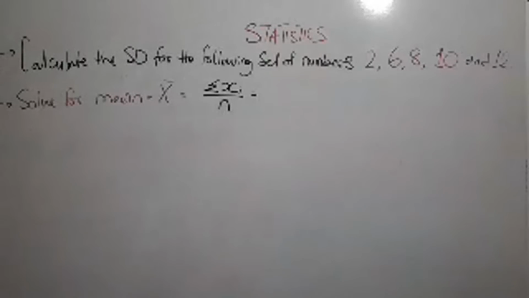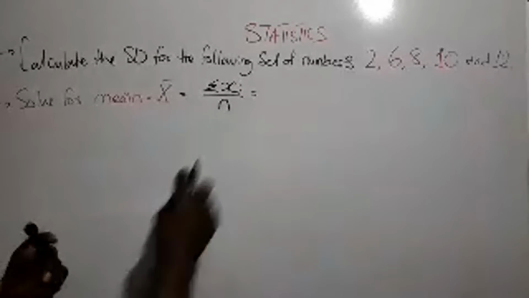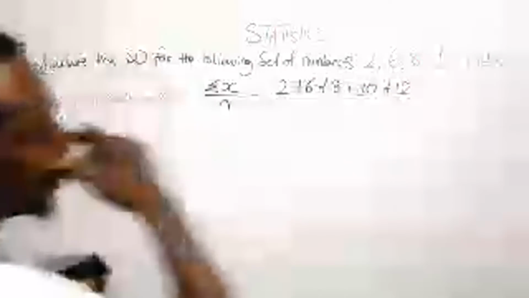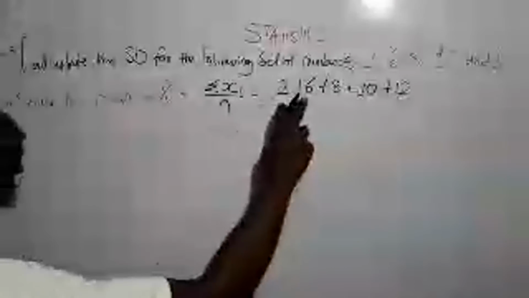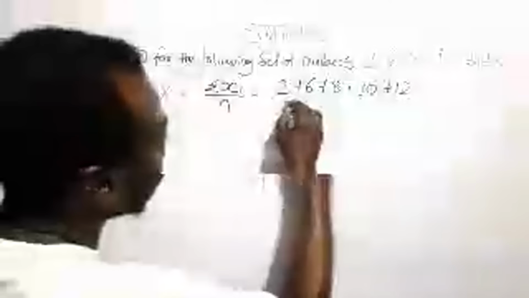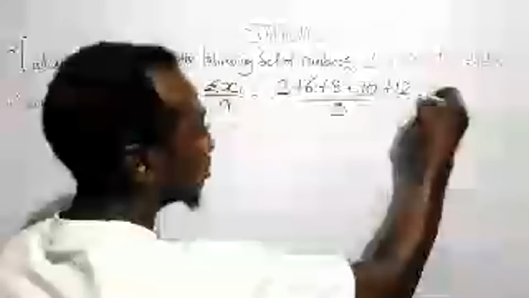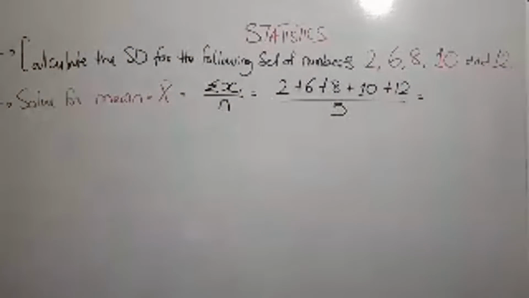Are we together? So now we have 2 plus 6 plus 8 plus 10 plus 12. Our n will be 1, 2, 3, 4, 5. Then what is the answer, please?